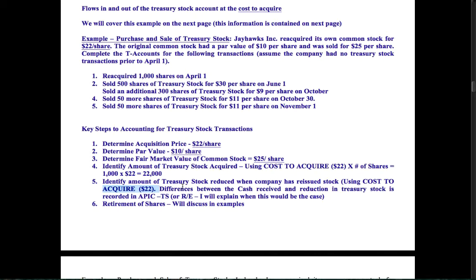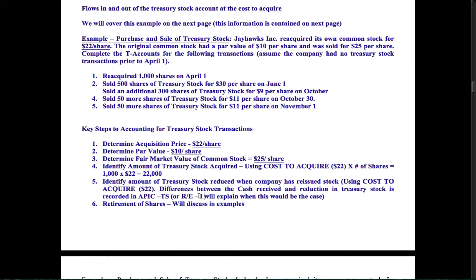So what you will do when we reduce the treasury stock account for when we resell these shares, as in examples 2, 3, 4, and 5, you will use that $22 to flow the balances in and out of the treasury stock account. Any differences between the cash you receive and the reduction in treasury stock will be recorded to additional paid in capital for treasury stock or retained earnings. I will explain retained earnings when we get into the example.